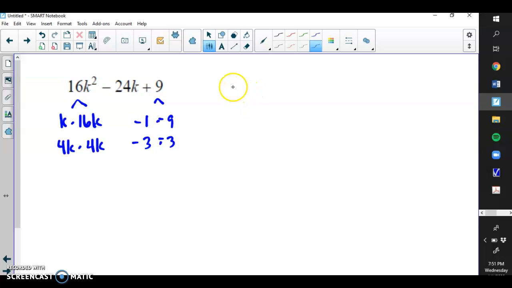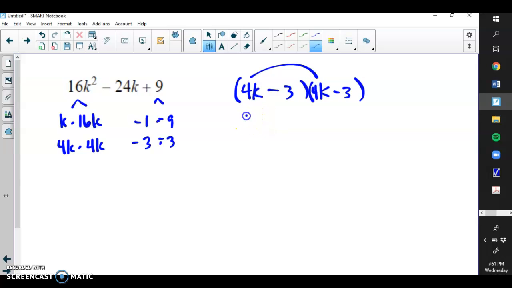What would you guess first? I'm going to try the 4ks, and I'm going to try the negative 3s. This feels familiar, like one of those perfect square patterns. Let's check it out.